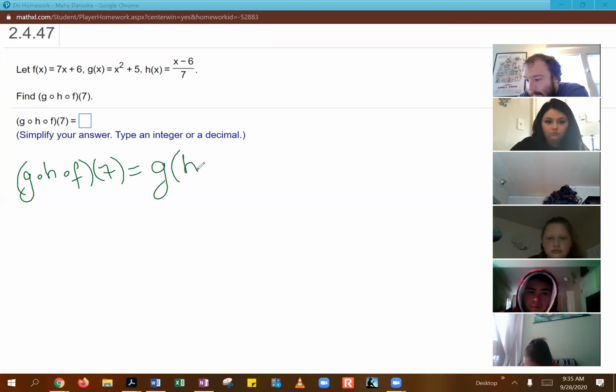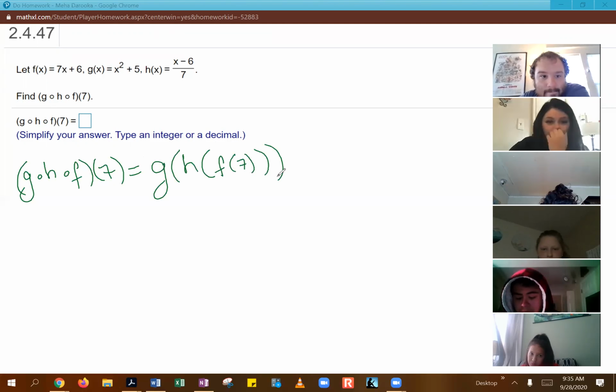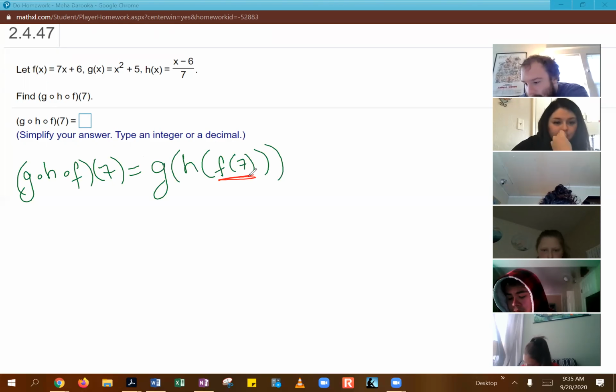Then the second function is H. And then our innermost function is F, which is being evaluated at the number 7. So the way you're going to start, again, from the inside, we work our way outside. So start with F of 7 first.